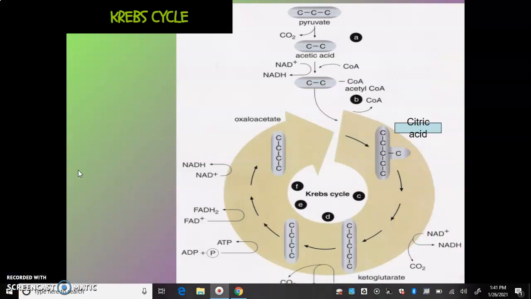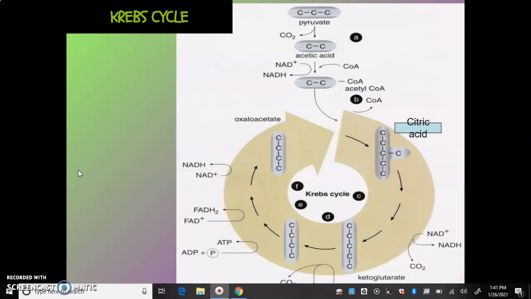So just to recap, there's 2 parts of the Krebs cycle or the citric acid cycle. The first part, you can see it labeled as A at the top here. That's when we're taking the pyruvic acid or pyruvate that was produced in glycolysis, and we're breaking it down into a molecule called acetyl-CoA.